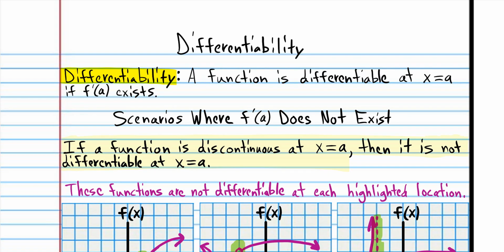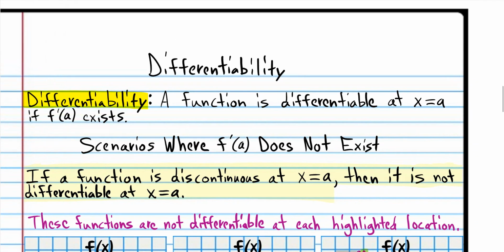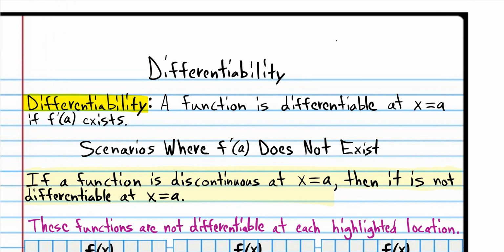So all that means is that if the derivative can be found at some x value, then the function is differentiable at that point. So let's say that we have some function, and it turns out that the derivative of the function is equal to, say, 1 over x.